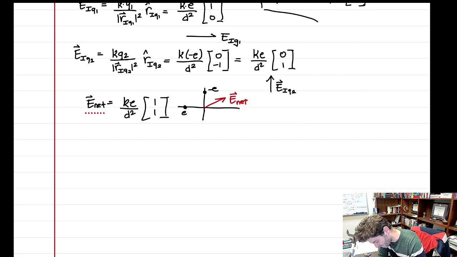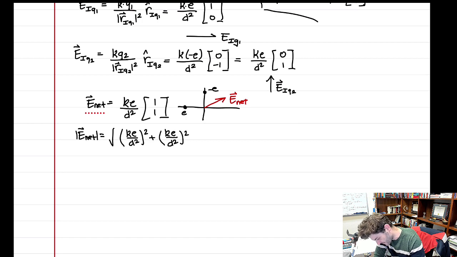Since I said it out loud, we might as well do this, right? What is E net, the magnitude? Well, then that looks like it's just the square root of ke over d squared, squared, plus then the y component, ke over d squared, squared.